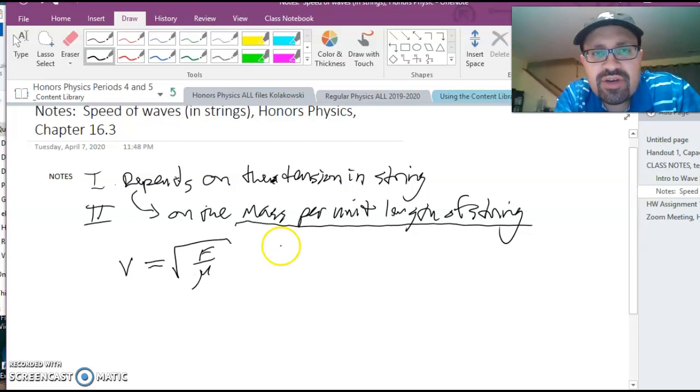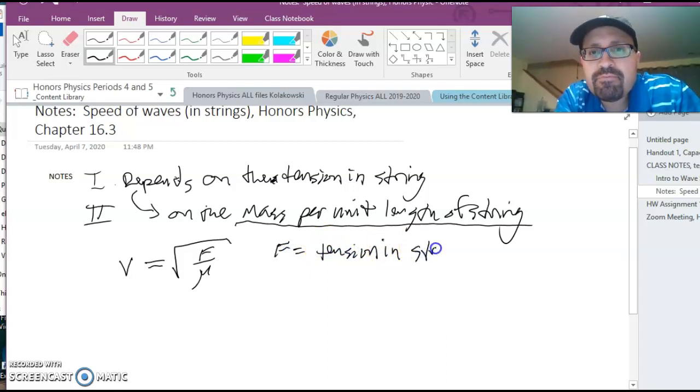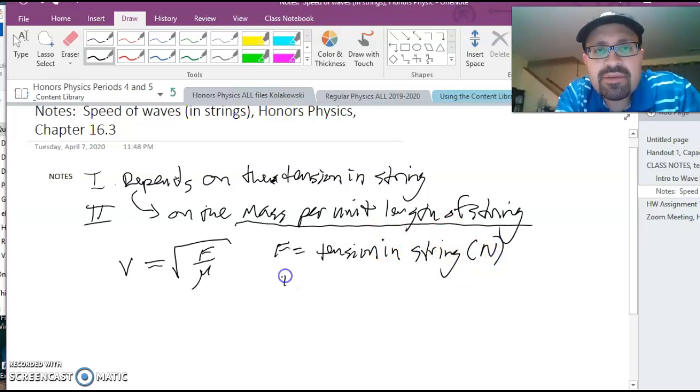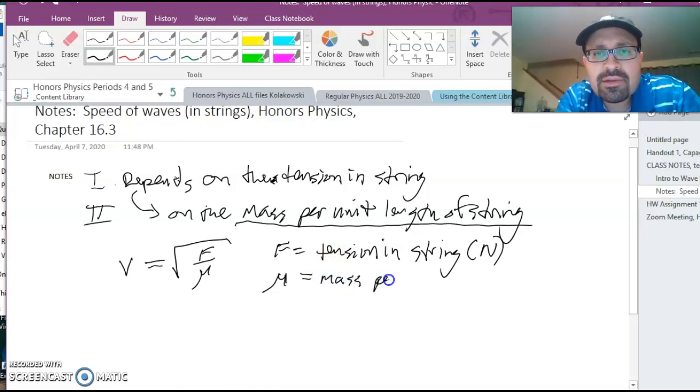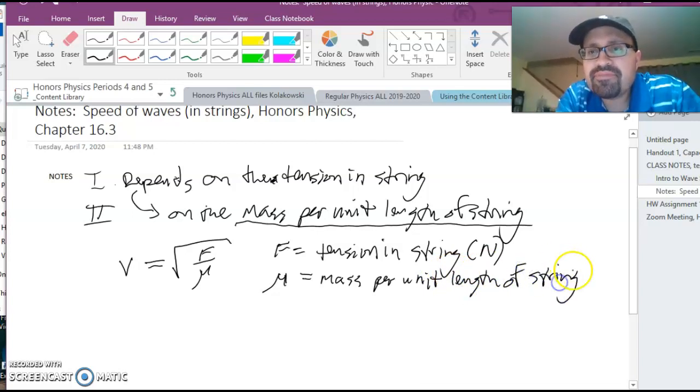Let me go ahead and write that out. So F represents, in this context, the tension in the string. It's a force, so it's measured in newtons. And mu here represents the mass per unit length of the string. So I'll just write that out here: linear density of the string, mass per unit length of the string. Still getting used to this awkward angle here for writing.